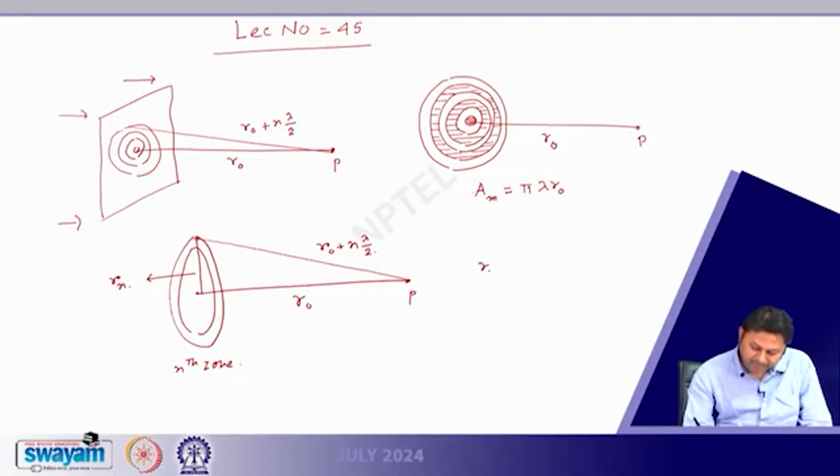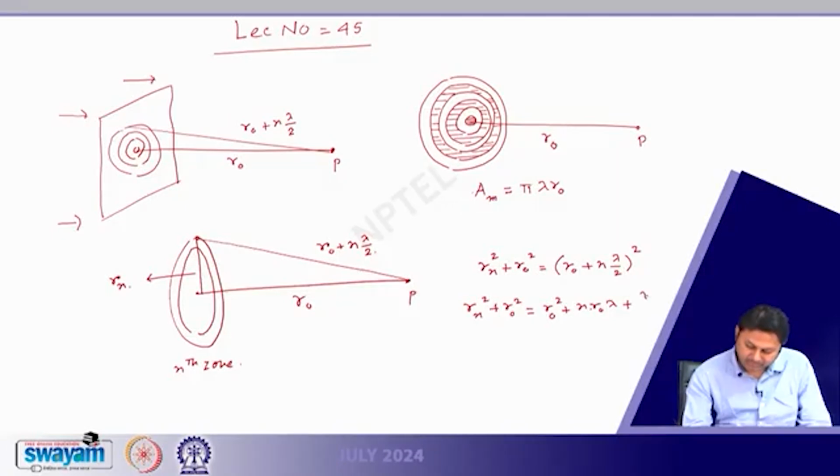Then R n square plus R naught square is equal to R naught plus n lambda by 2 whole square, which is R naught square plus n R naught lambda plus n square lambda square by 4.